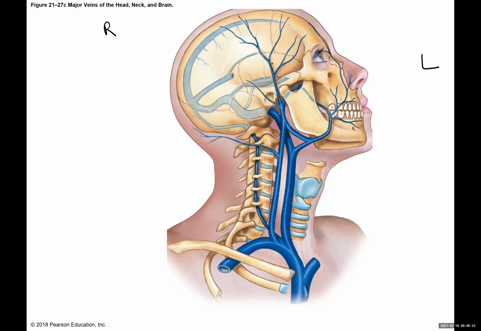Taking a look right up here, we see our temporal. So this will be our right temporal vein, which is going to feed into our external. So this is our right external jugular vein.